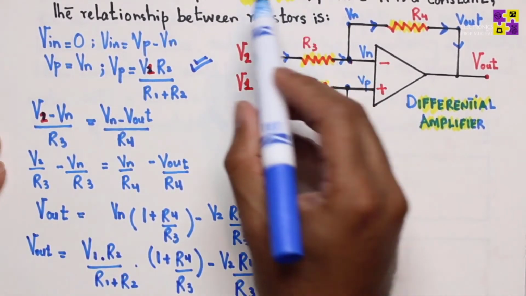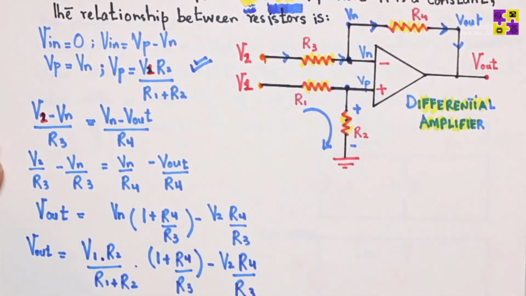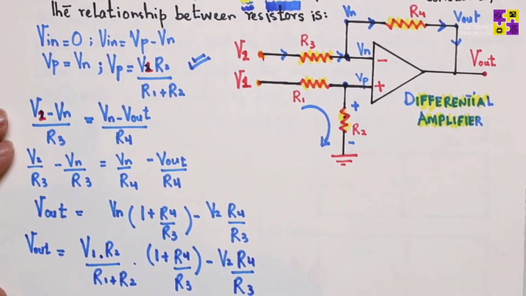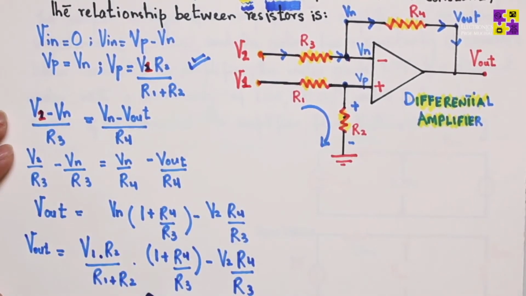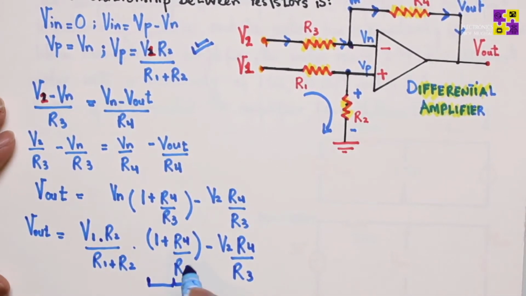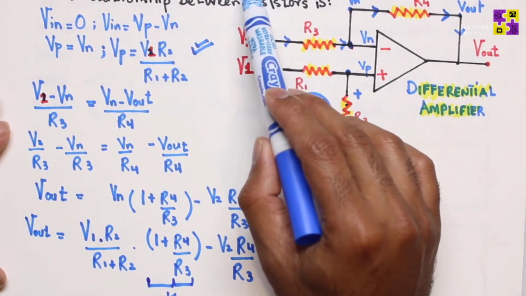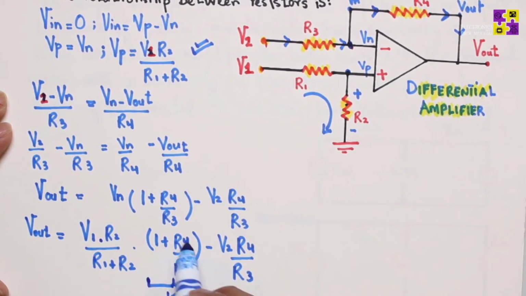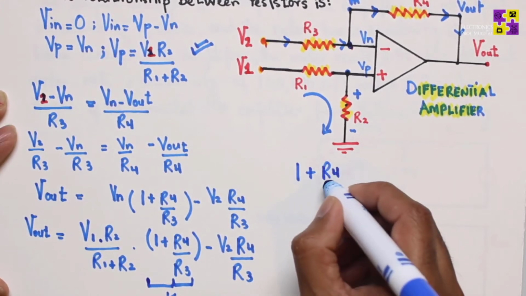Now remember, we have this convention for Vout, which is K, a constant, times V1 minus V2. And notice this part of the equation basically represents K over here. So if I put this part of the equation in this format, I basically have 1 plus R4 over R3.